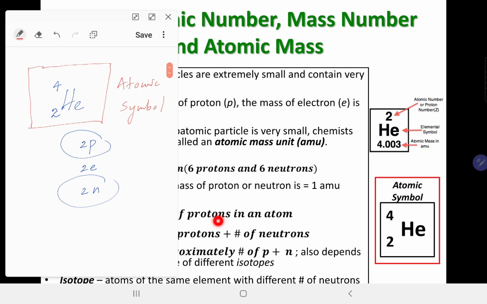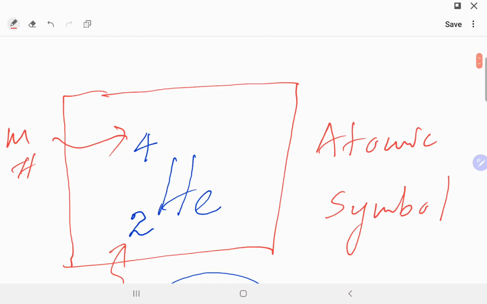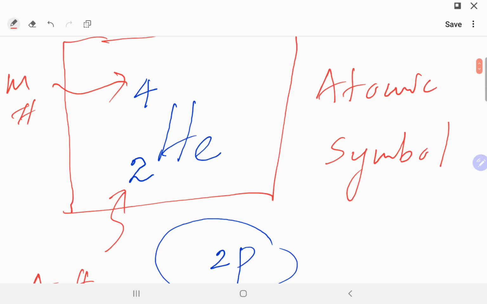An atomic symbol basically has the atomic number as a subscript, and of course the mass number as a superscript. So that is called an atomic symbol, a symbol for atoms.